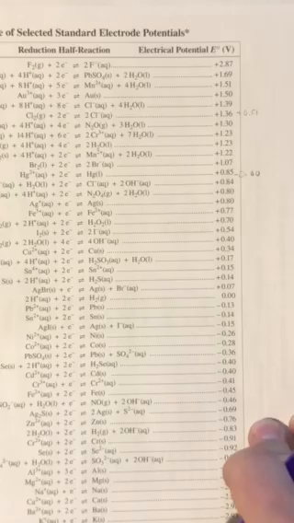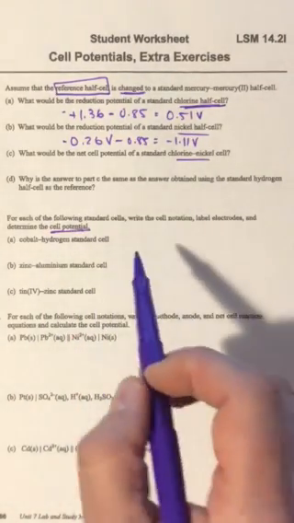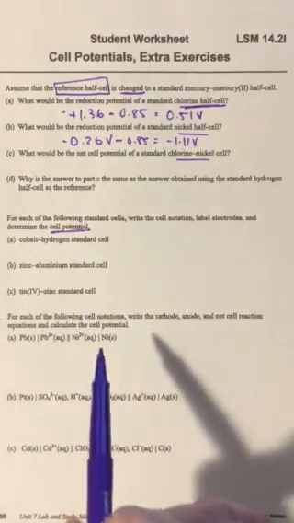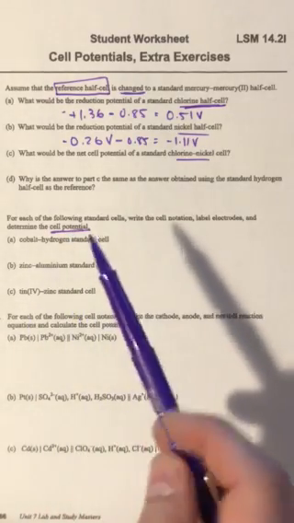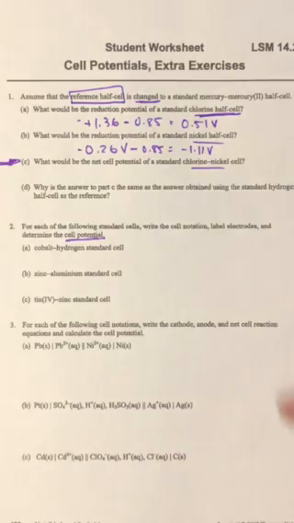One last thing to point out is that some of these questions ask about the cell potential, like question number 2, part C. Even if we change the reference half cell, the difference between these two is still the same no matter where you are on the table.